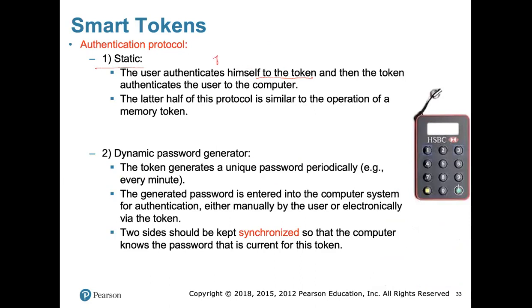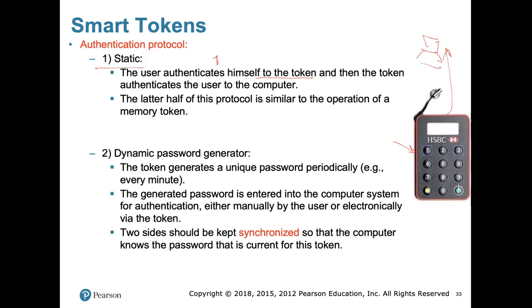For example, like what you see here, I'm the user of this device, and this is a token from HSBC Bank, and I want to use it. When I turn it on, I enter some password. I enter my password, and this way I authenticate myself to the token, and the token authenticates me to the authentication server.